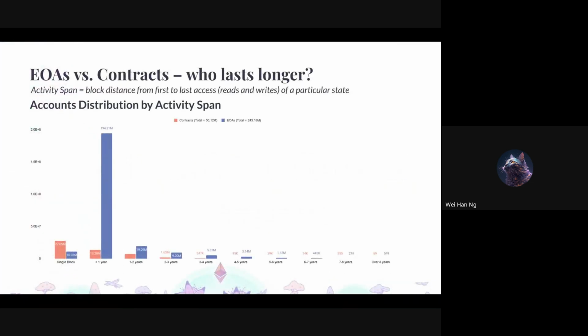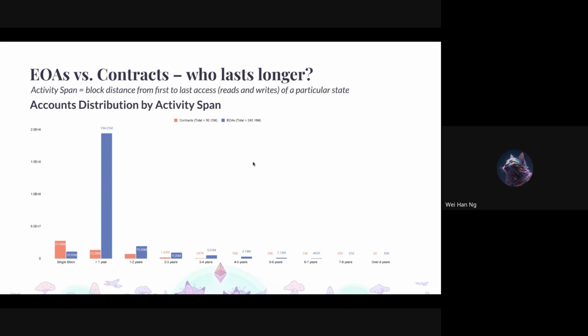The first thing that we wanted to know is EOAs versus contracts, and which one actually lasts longer. The main metric that we use is something called activity span, or you can think of it as lifespan. It is defined as the block distance from the first to last access of a particular state, which is an account or storage slot.